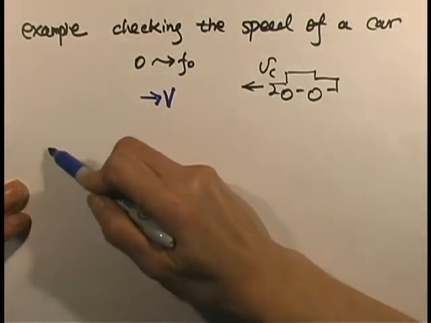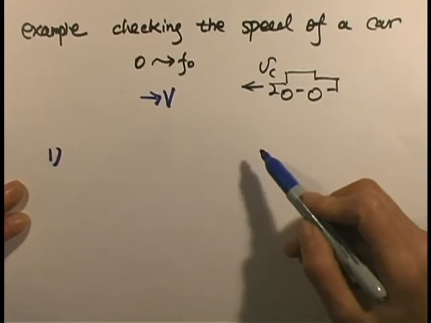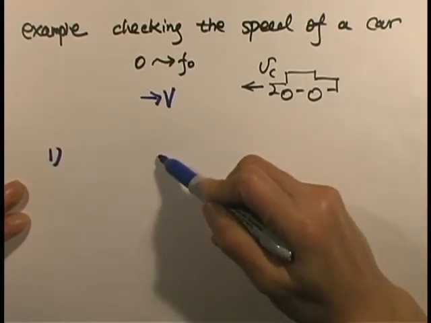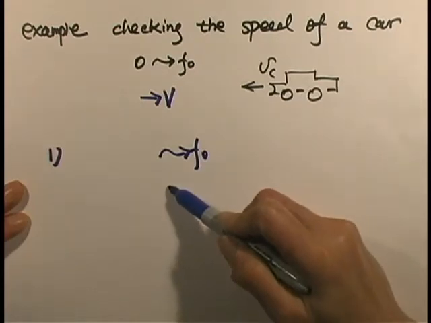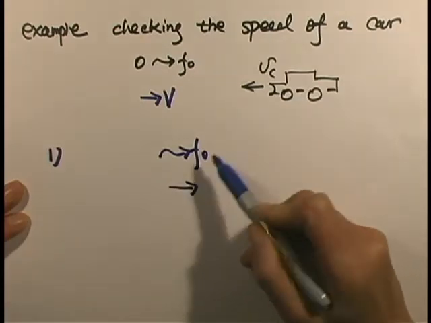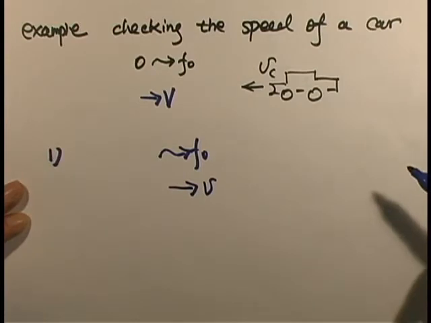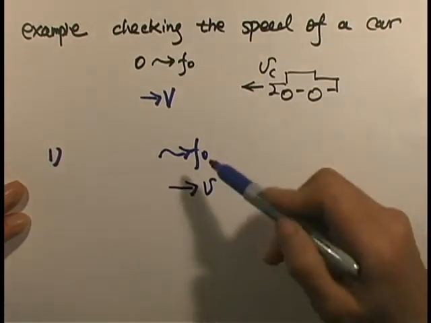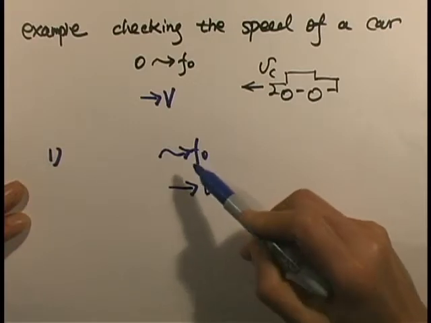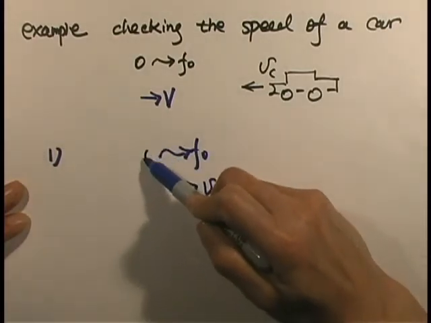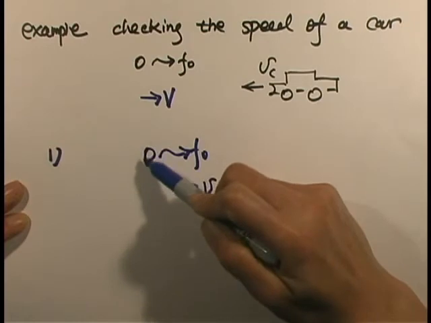There are two steps. Step number one, imagine that a signal of original frequency f of o travels at the speed of the wave, v. Right now, who is the source? The source is the observer itself.